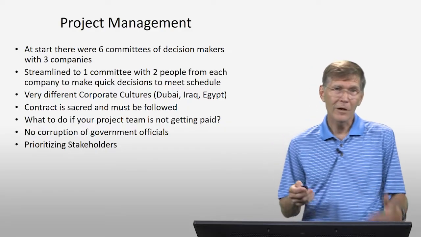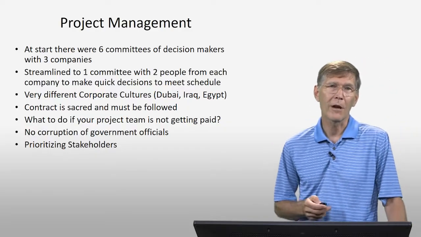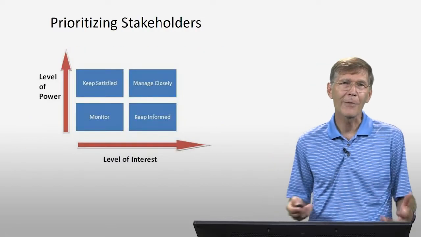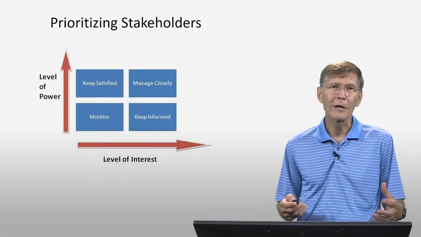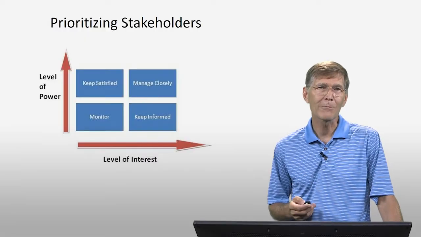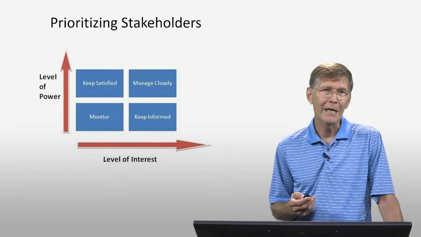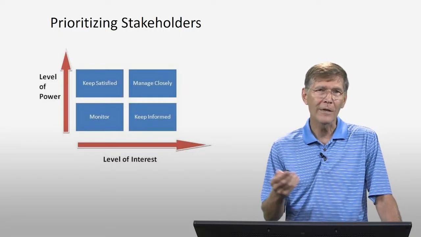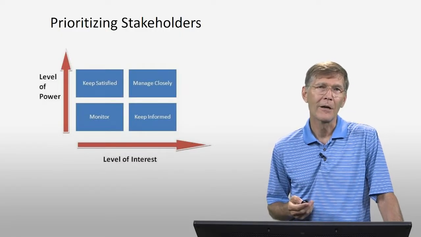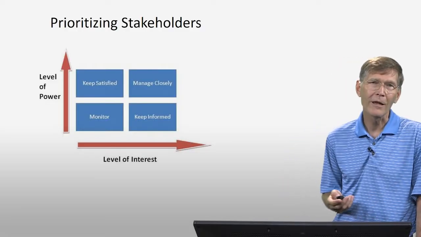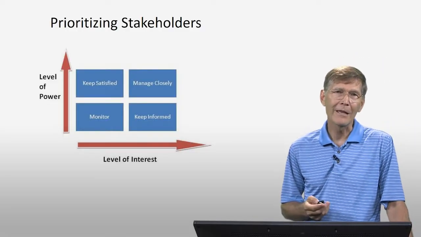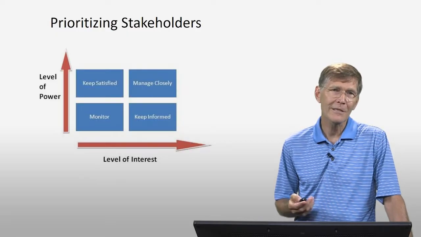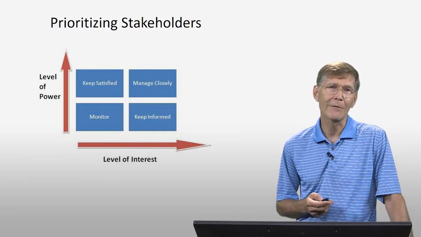And then finally, I talked a little bit about how you prioritize stakeholders. It's very involved, it's very complicated, but this is a very simple diagram. You need to think about how much power a stakeholder has and how much interest do they have. So environmental groups, the 3 companies that I work for, fall in that top right box up there, whereas if you have bird watchers from the wildlife sanctuary, they might fall in the bottom left box, because their level of interest is somewhat okay, but they don't have any power.